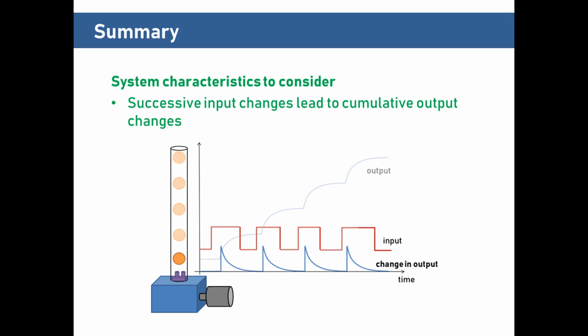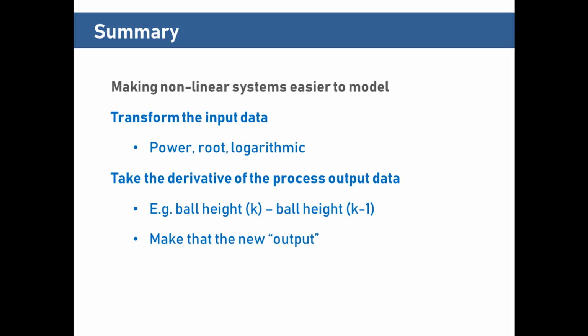And second, when successive input changes lead to cumulative output changes, which means that the output gets higher and higher. To make the data easier to model, we can try a transformation to the input data. There are several we could use, or we can take the derivative of the outputs, for example, the ball height, and then subtract its previous value and make that the output instead.